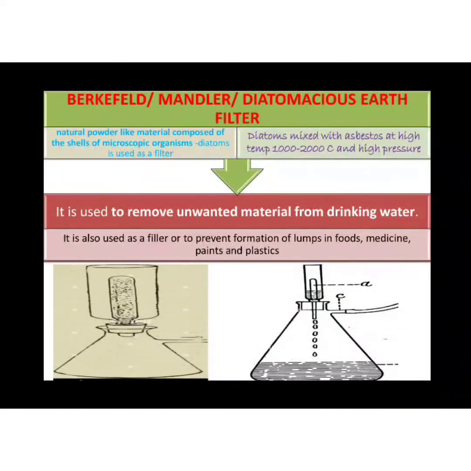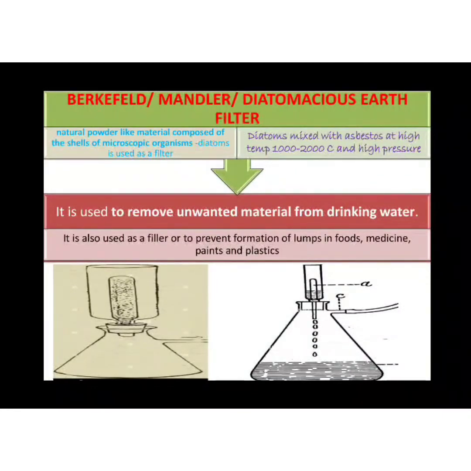Now when is this filter used? Generally this filter is used to filter out water, or also sometimes in industries, where there are lumps formed, for example in juice, food, medicine or paints, where it has to be a flowy component. If lumps are found, it is generally used to separate out these lumps.